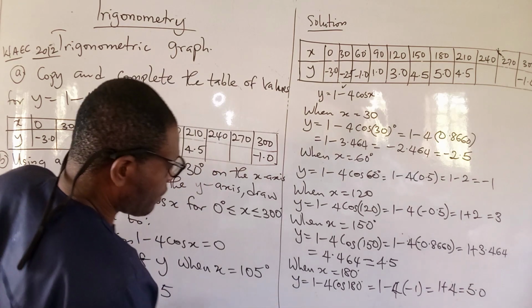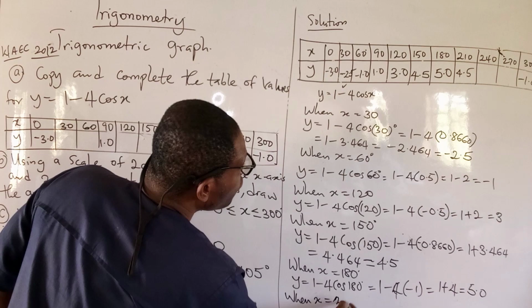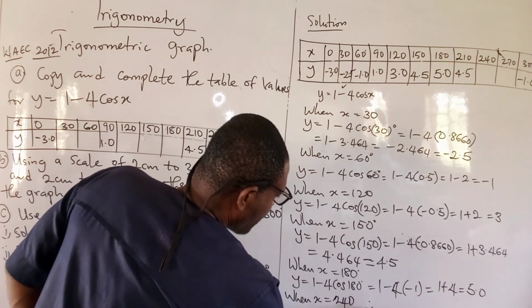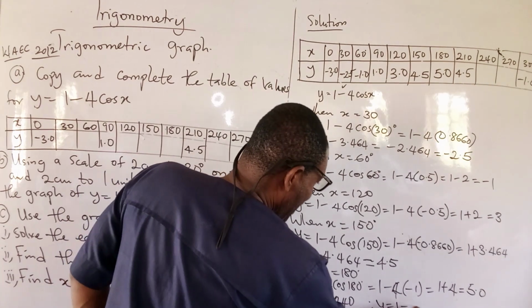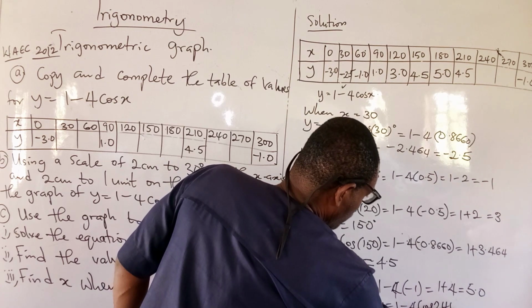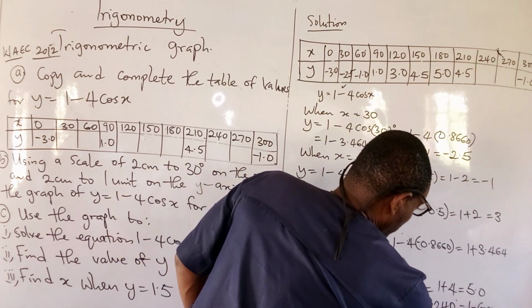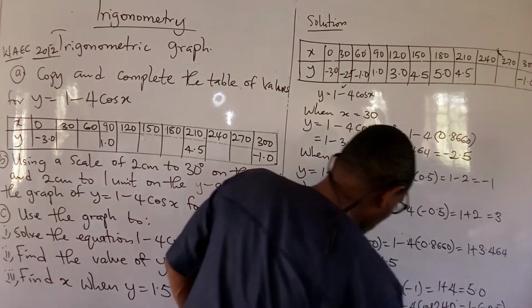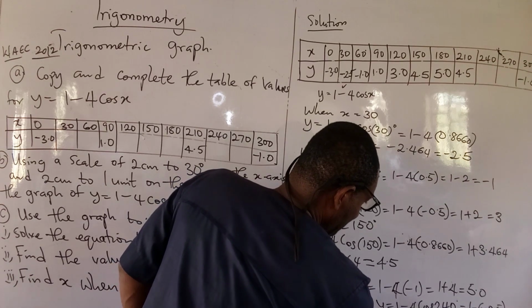Next, the second to the last, when x is equal to 240. Therefore, y is equal to 1 minus 4 cos 240. Cos 240 is minus 0.5, and that will give us 1 plus 2, which is 3.0.